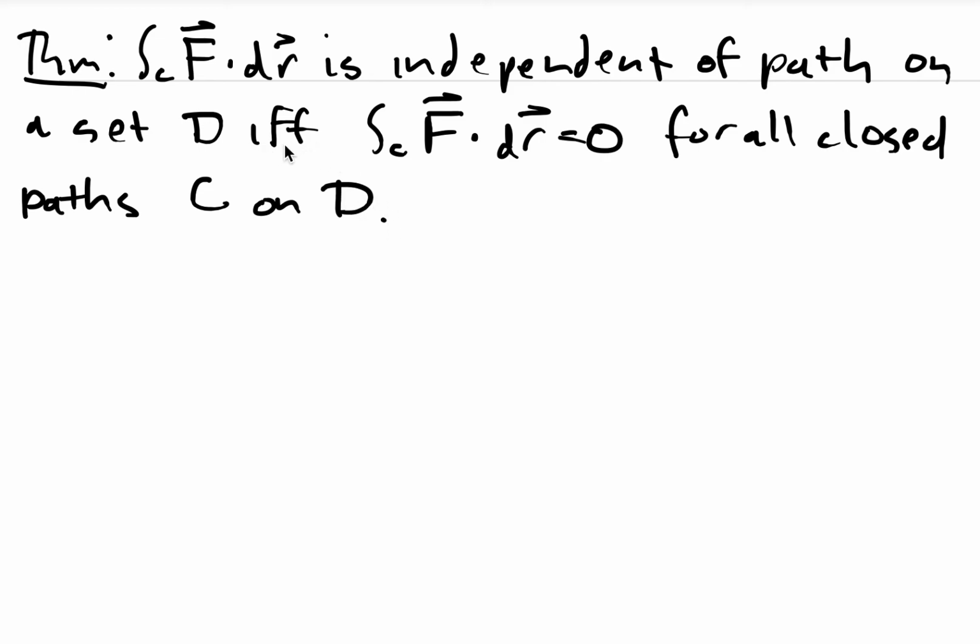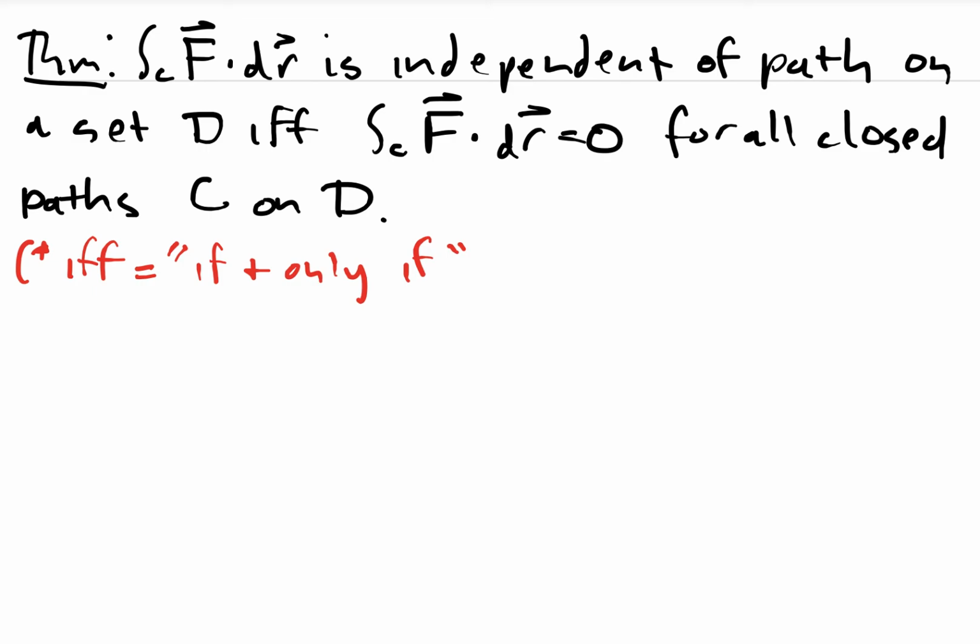And this if and only if statement here, I'll go ahead and make note of that for people that maybe aren't familiar with the mathematical notation. What this means, okay, is if and only if.